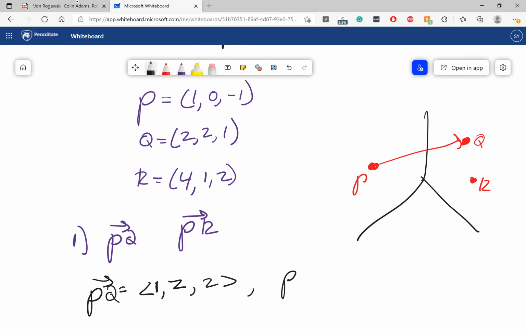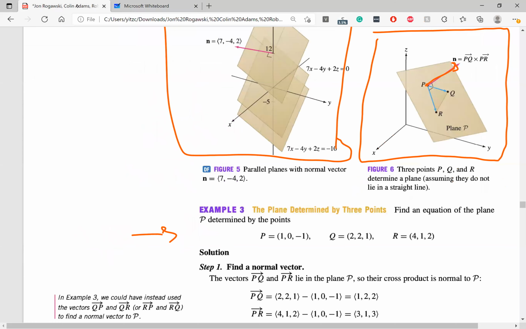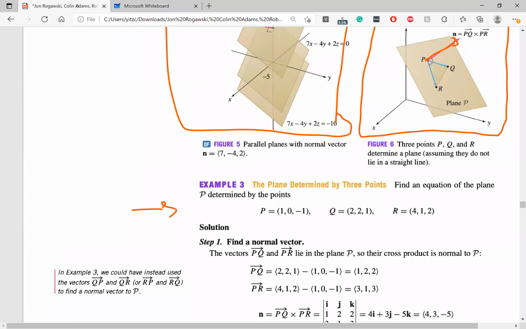The vector PR is equal to 4 minus 1, which is 3, 1 minus 0, which is 1, and 2 minus minus 1, which is 3. So 1, 2, 2, and 3, 1, 3. Let's make sure: 1, 2, 2, 3, 1, 3. Perfect.